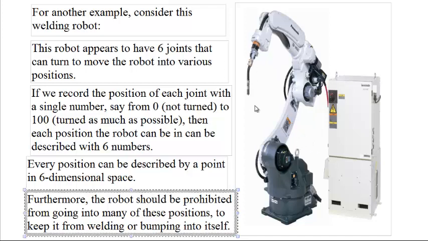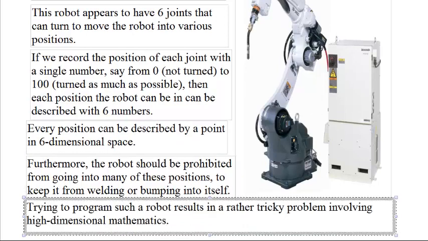You should keep the robot away from certain positions. So it's not cool to have the robot in any of the six-dimensional space positions that it could possibly be in. You should prohibit it from doing things that would break it. And this results in a rather tricky problem involving high-dimensional mathematics.